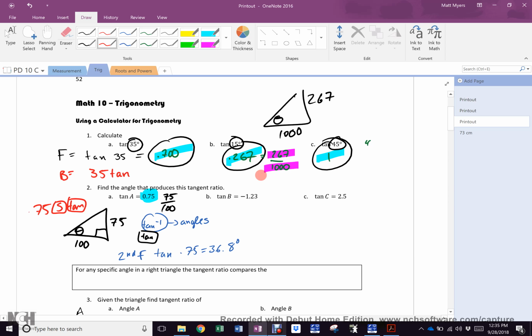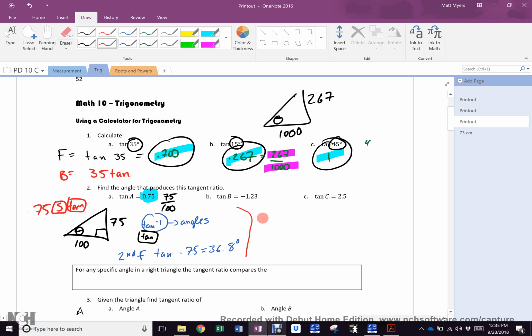Now, some of you noticed that when you were trying to find angles that didn't exist, you got some negative values, yes? So, knowing what you know now, that you can punch in shift, tan, and that value and get an angle, what are you going to do for B here? What are you going to punch in?